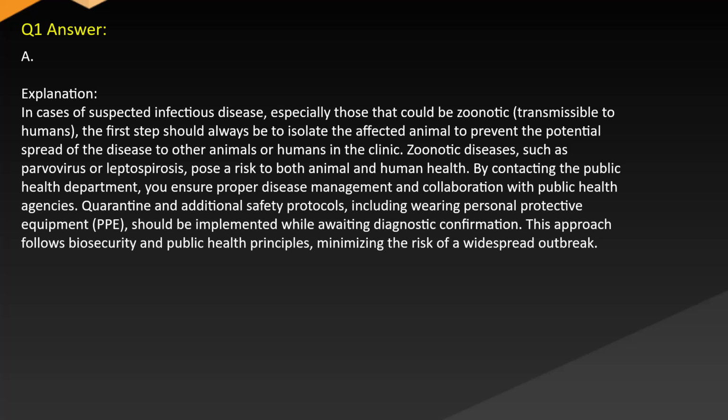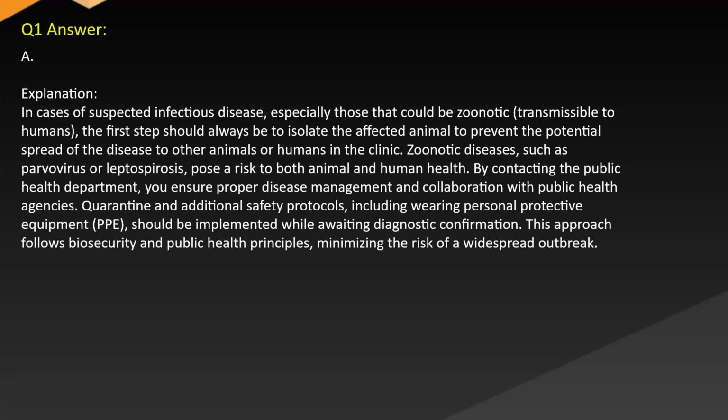Answer A. Explanation. In cases of suspected infectious disease, especially those that could be zoonotic, transmissible to humans, the first step should always be to isolate the affected animal to prevent the potential spread of the disease to other animals or humans in the clinic. Zoonotic diseases such as parvovirus or leptospirosis pose a risk to both animal and human health.